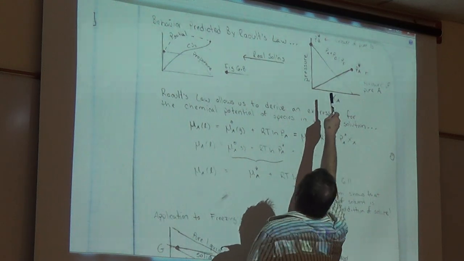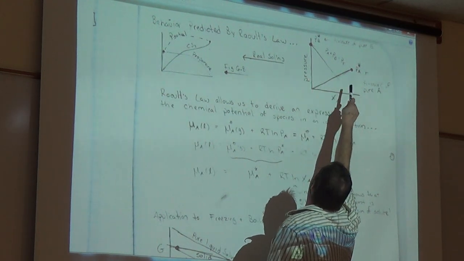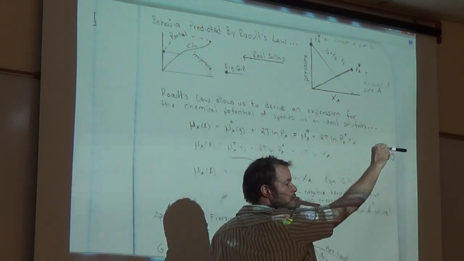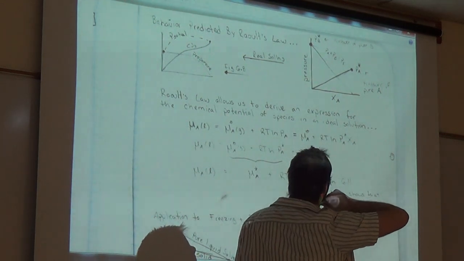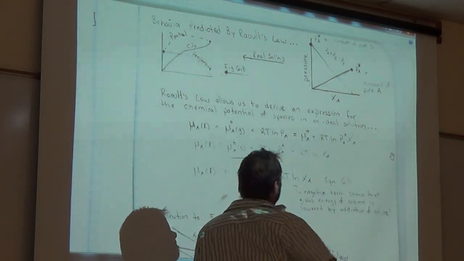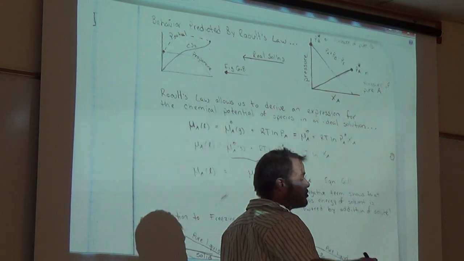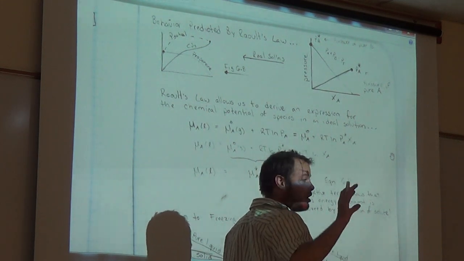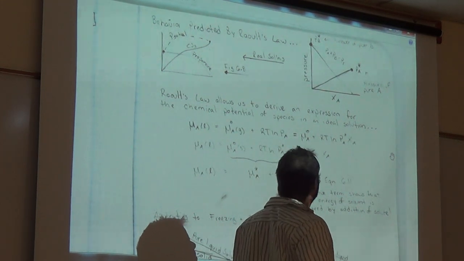Can you all see the line that connects the two dots that has PA plus PB over A is equal to PT across it? Okay, that line represents the total pressure in a solution of A molecules and B molecules according to what Raoult's law predicts.